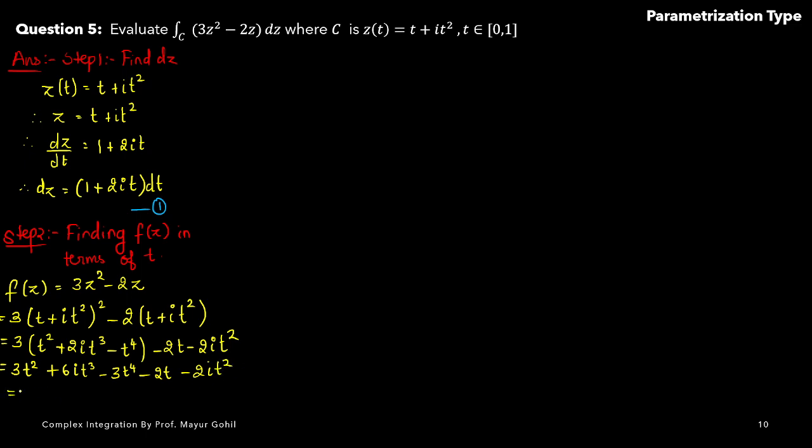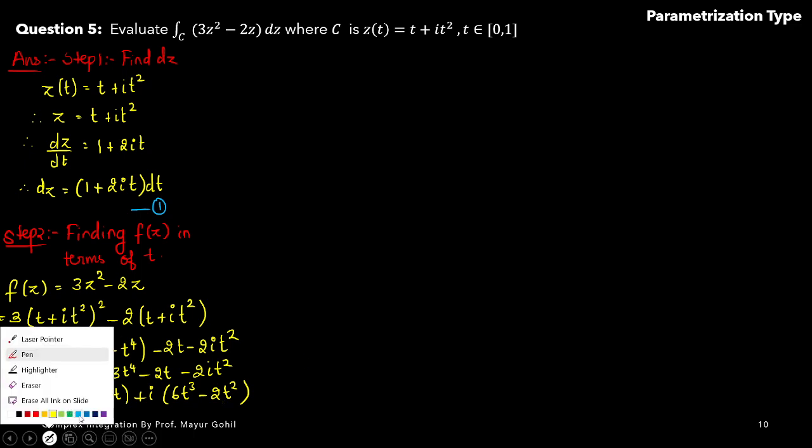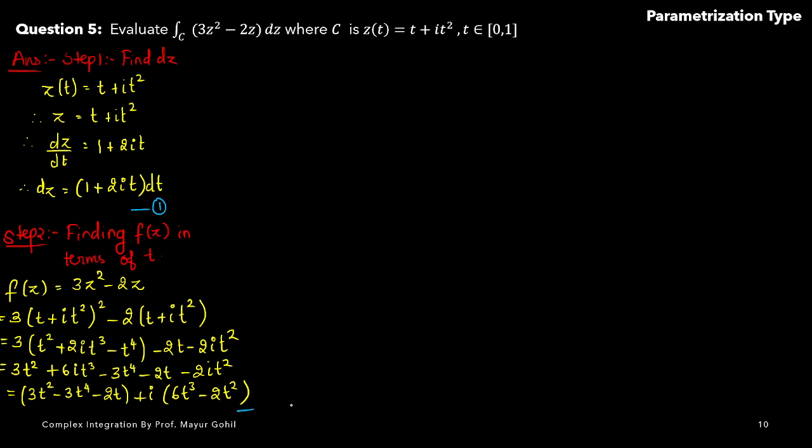So this will give me 3t square minus 3t raised to 4 minus 2t, plus i times 6t cube minus 2t square. So this is the second thing that we get.